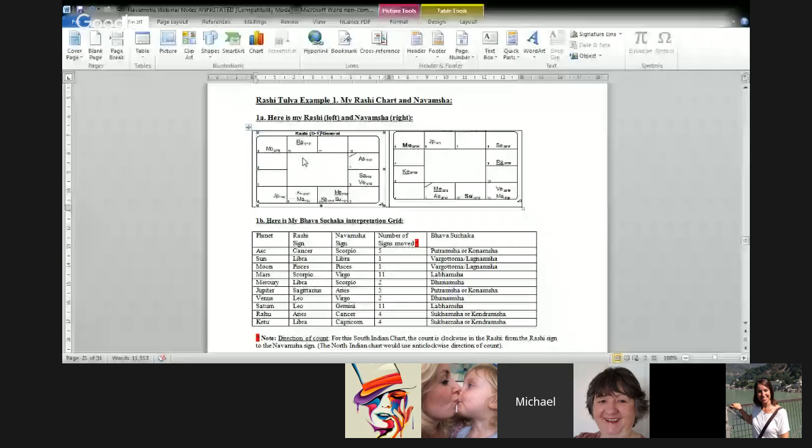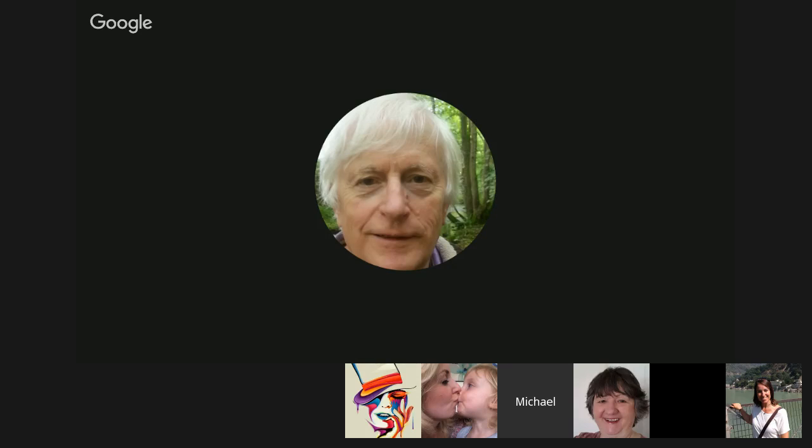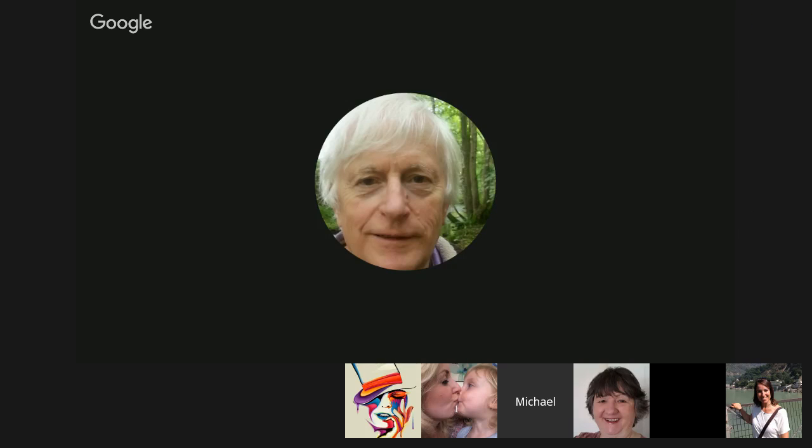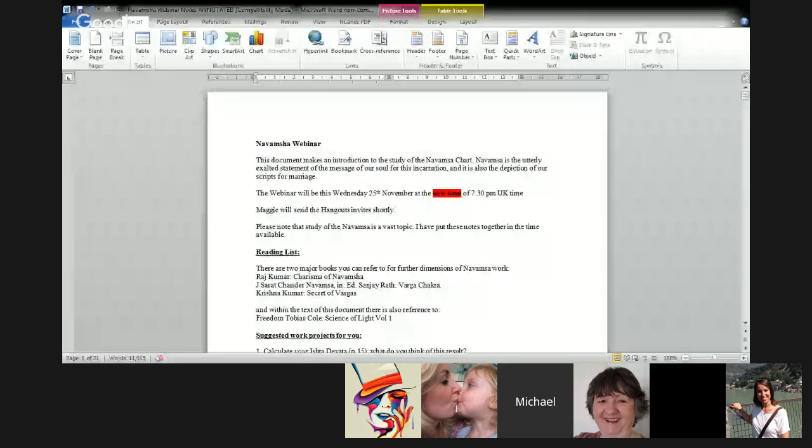So what I want to do, having looked at Rashi Tulya, is look at a few more. I'm just wondering if I stop the share. I mean, for example, the Navamsha as marriage chart.